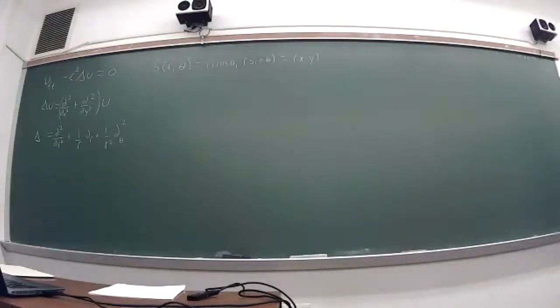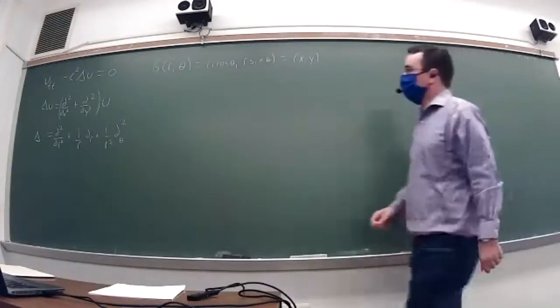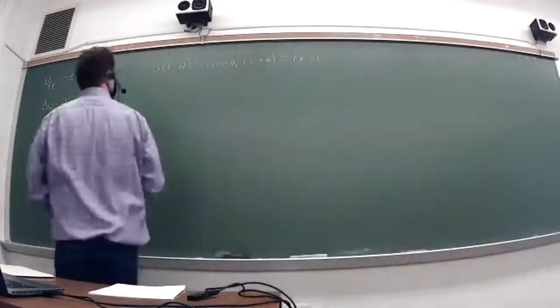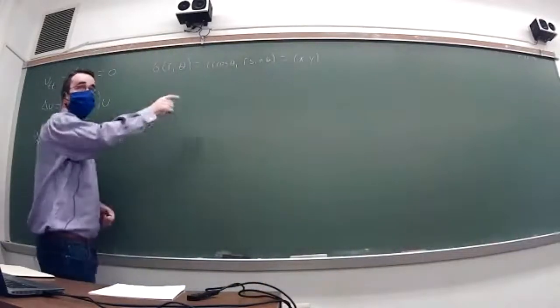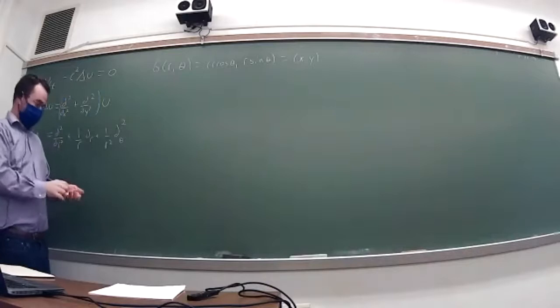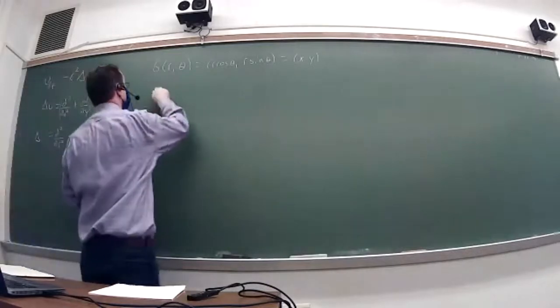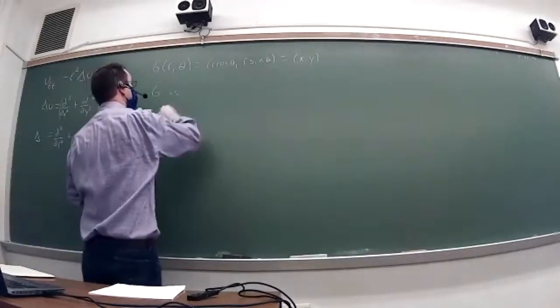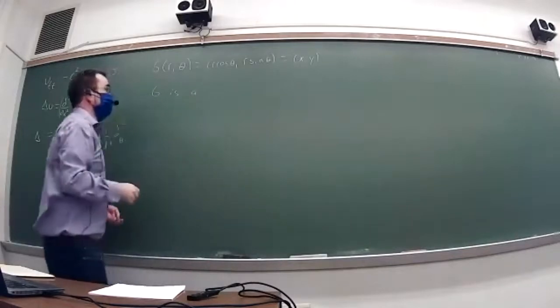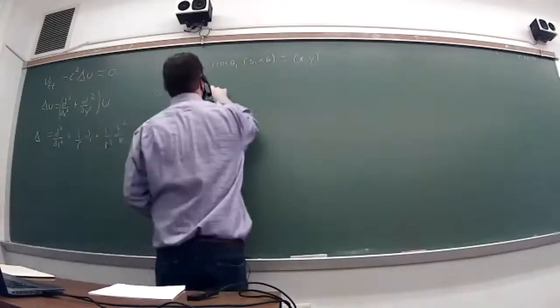the coordinate change. But more properly, the coordinate change is a function from one domain to another domain. And so G is what we call a diffeomorphism, or at least it should be.